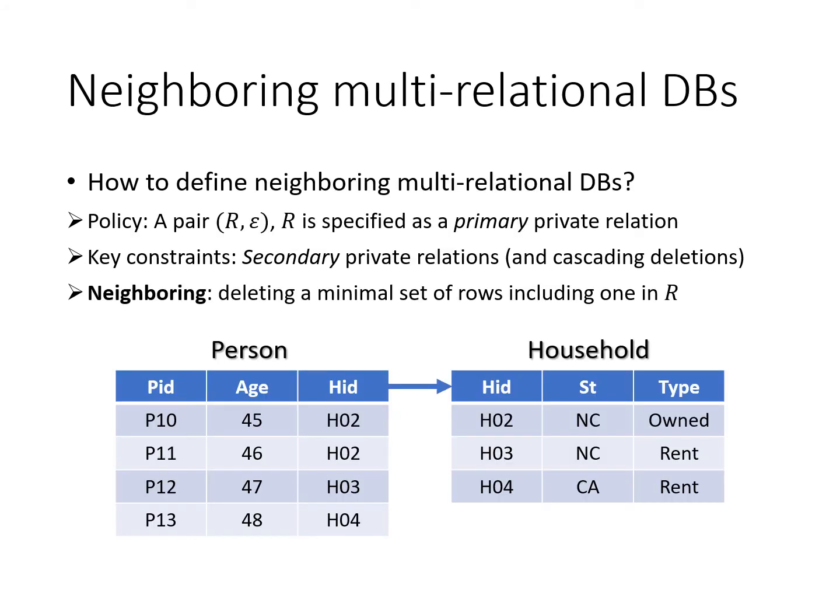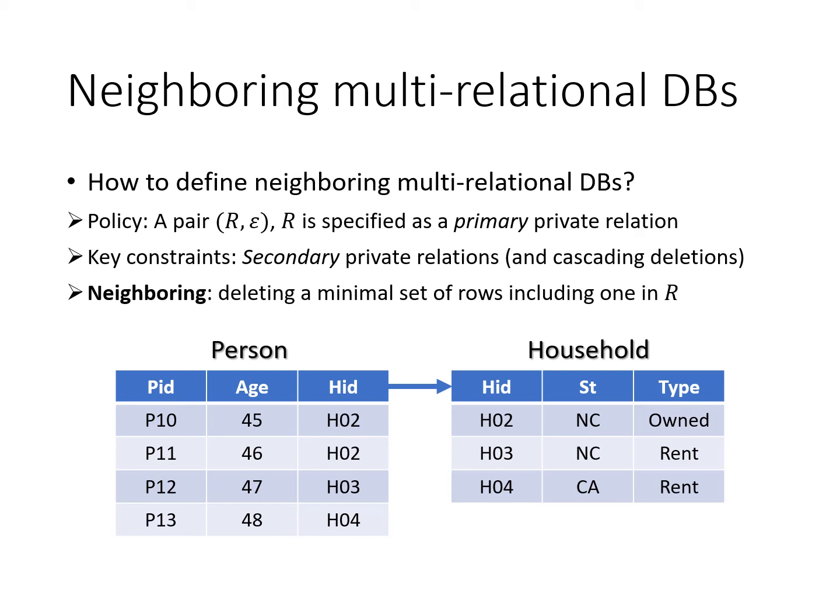Now, back to the problem. How do we define neighboring multi-relational databases? Before giving its definition, we first define a privacy policy. The privacy policy is defined as a pair, where one relation is specified as the primary private relation.